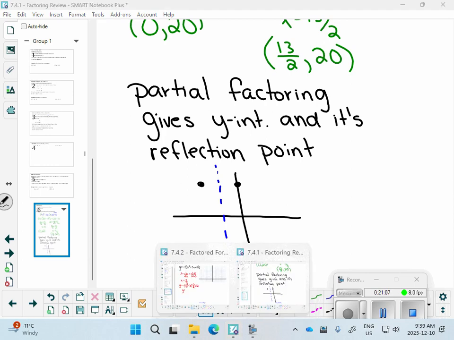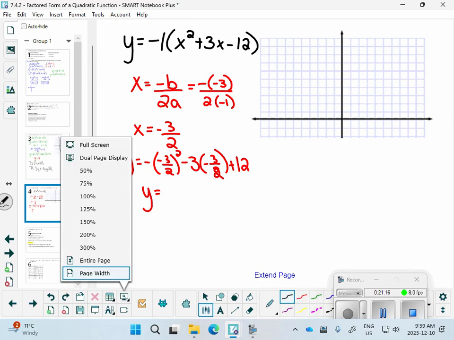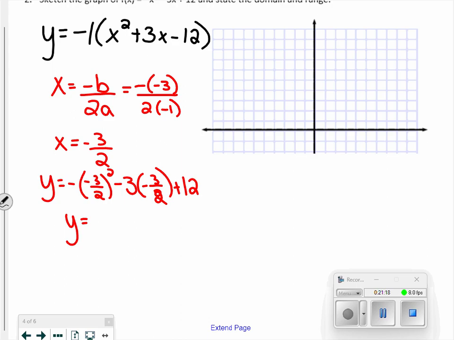Who's huffing and puffing? We'll keep this because we can always use it, so instead of erasing it, we'll keep this, and then we'll do partial factoring just as another kind of point. Anyone have an answer on the calculator for that one? Negative 3 over 2, close your bracket, square it.